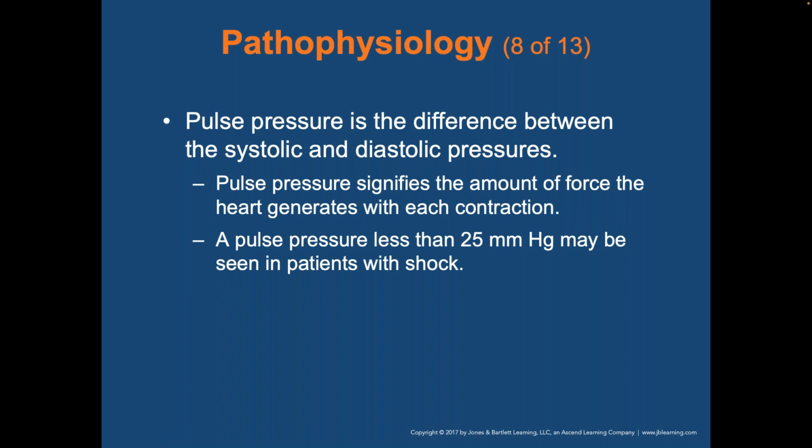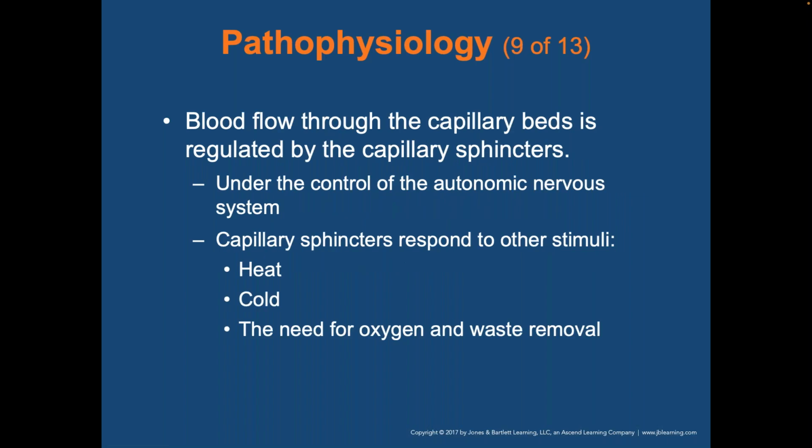Right, awesome. Blood flow through the capillary beds is regulated by capillary sphincters, which are circular muscular walls that can constrict and dilate. These sphincters are under the control of the autonomic nervous system, which regulates involuntary function, such as sweating and digestion.